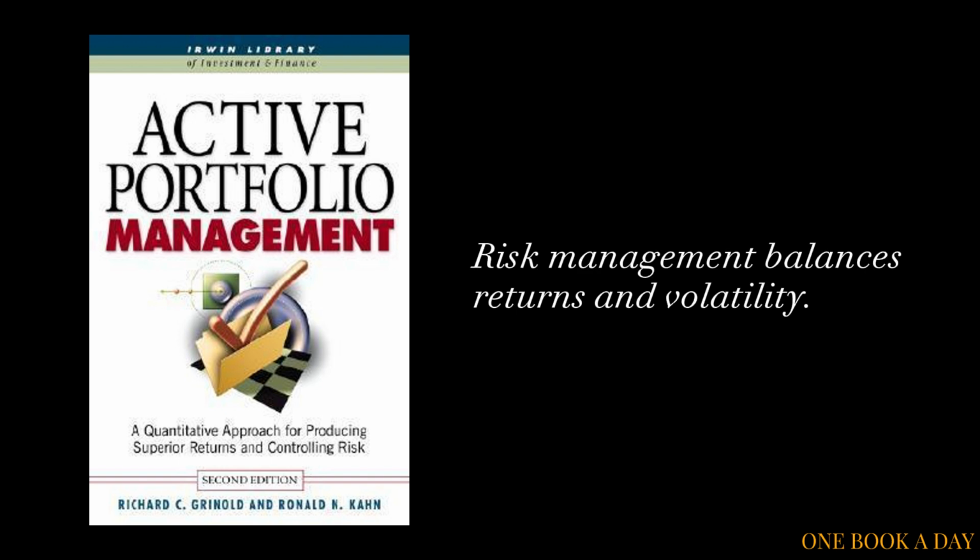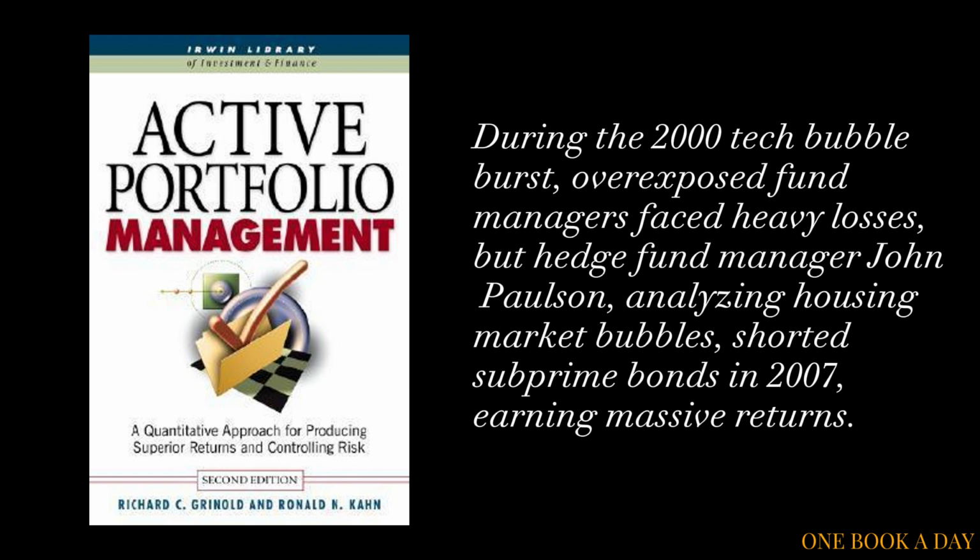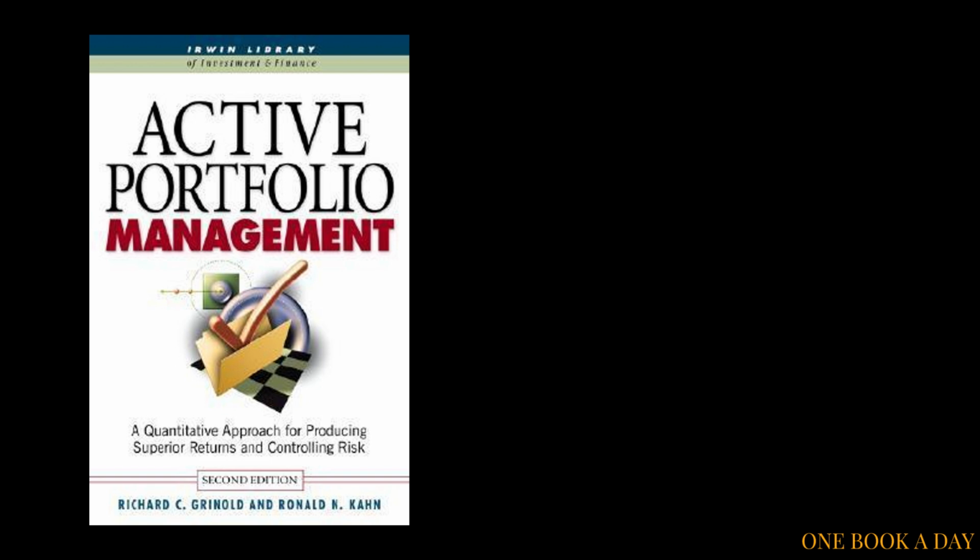Risk management balances returns and volatility. During the 2000 tech bubble burst, overexposed fund managers faced heavy losses, but hedge fund manager John Paulson, analyzing housing market bubbles, shorted subprime bonds in 2007, earning massive returns.